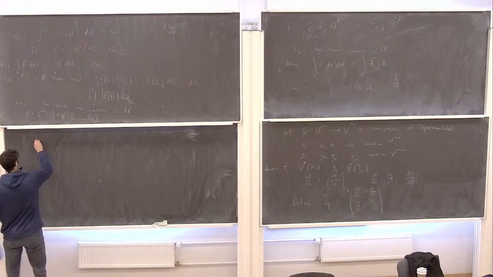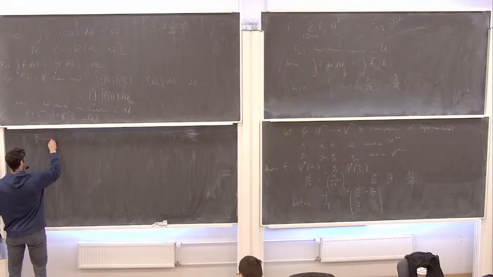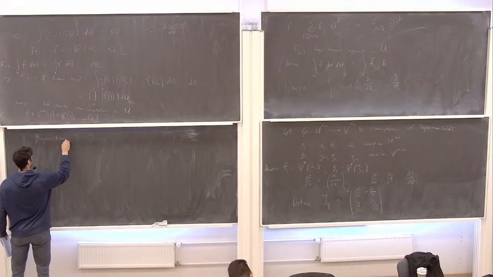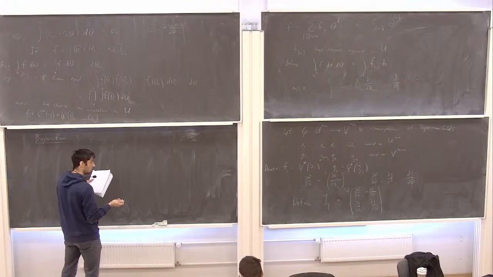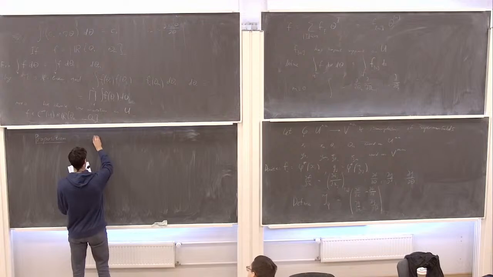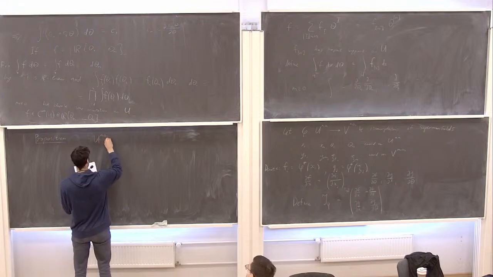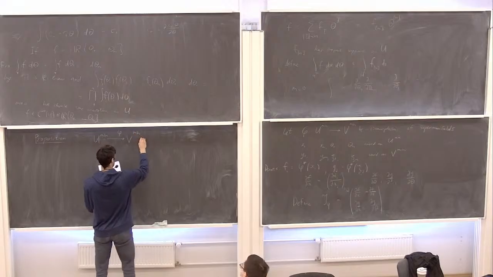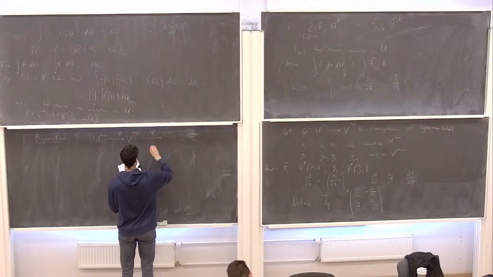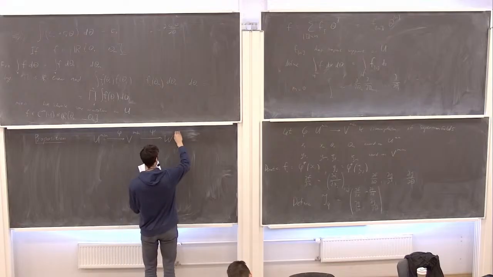Proposition. Suppose that I have two isomorphisms now. The first one is our phi, and the second one, say psi, goes to W^{m|n}.